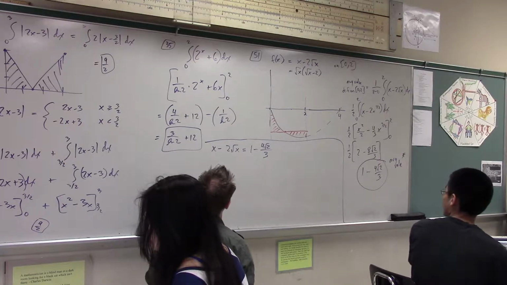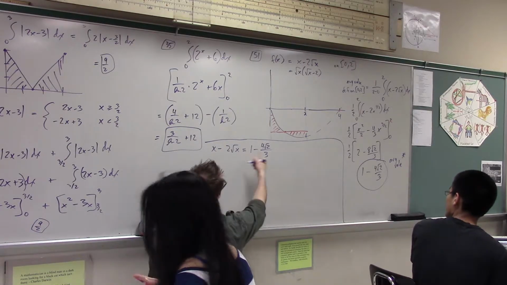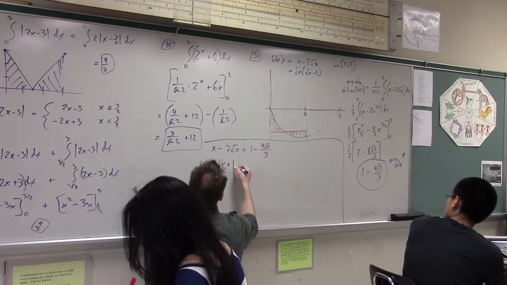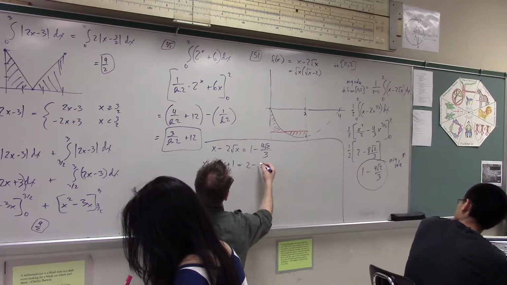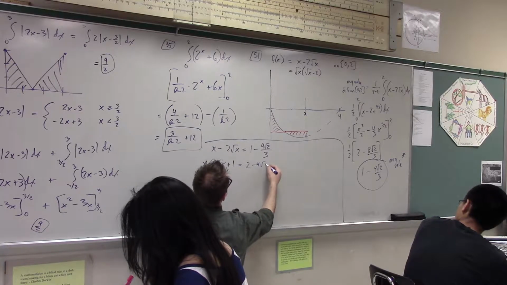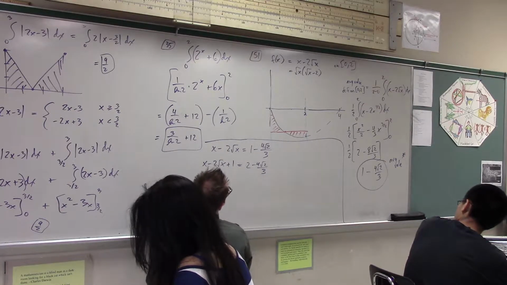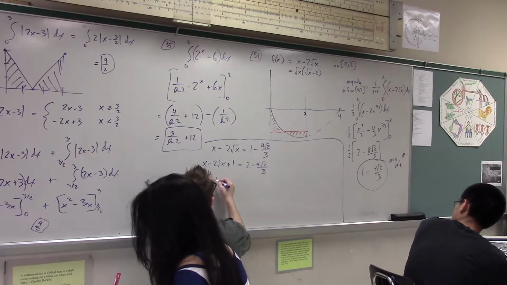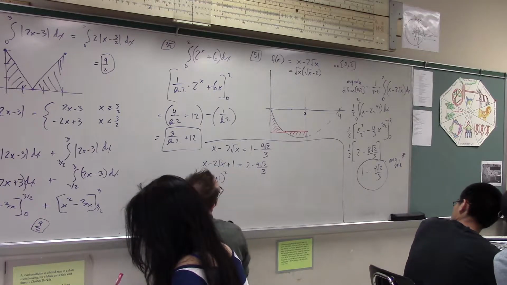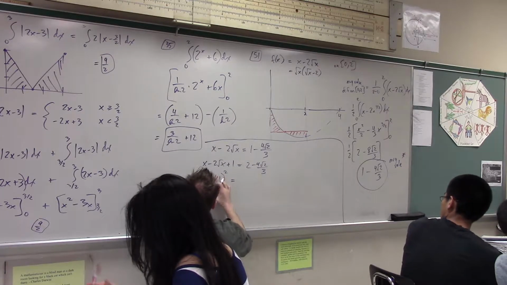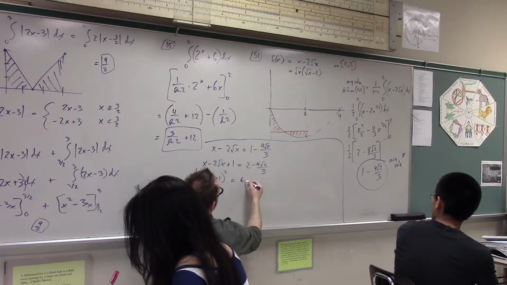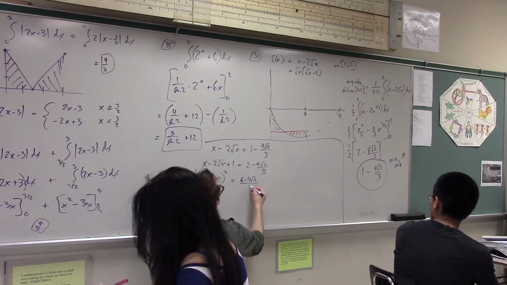I think you complete the square, right? If I add 1 to both sides, then you get x minus 2 root x plus 1 equals 2 minus 4 root 2 over 3. Because now this becomes root x minus 1 squared, and the right side is 6 minus 4 root 2 over 3.